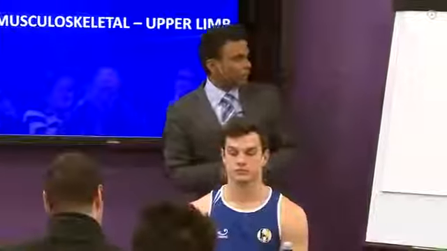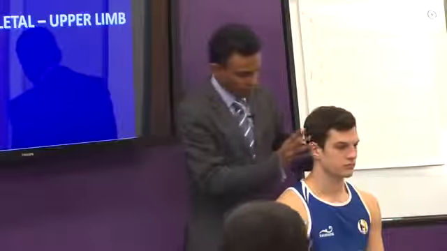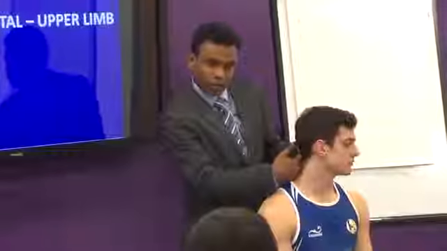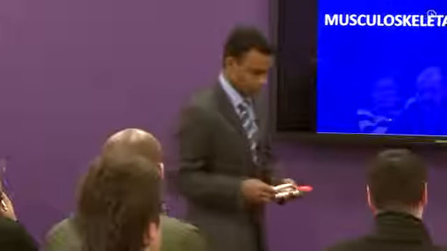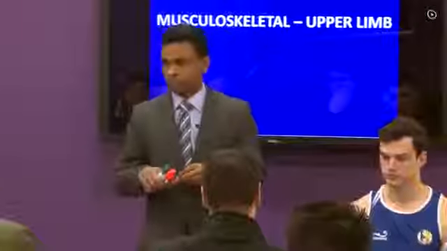Okay? Right. So these nerve roots come from the spinal cord. So if you can imagine the spinal cord, cervical root comes from the spinal cord. Do they come from above the vertebra or below the vertebra? Below. Below or above?